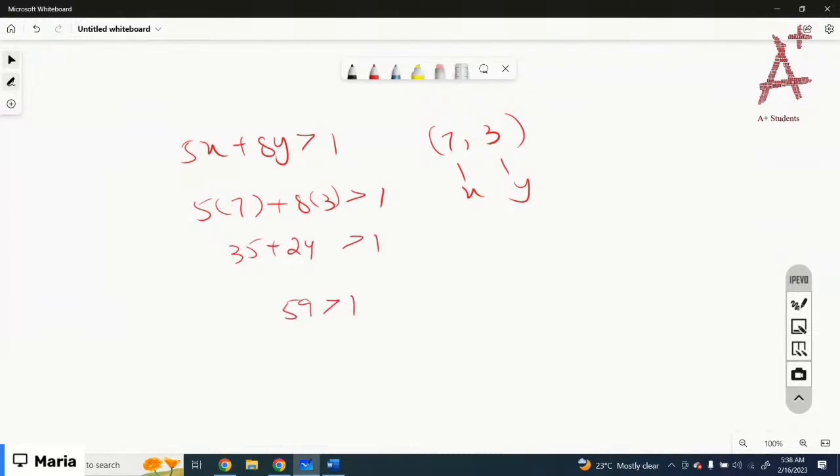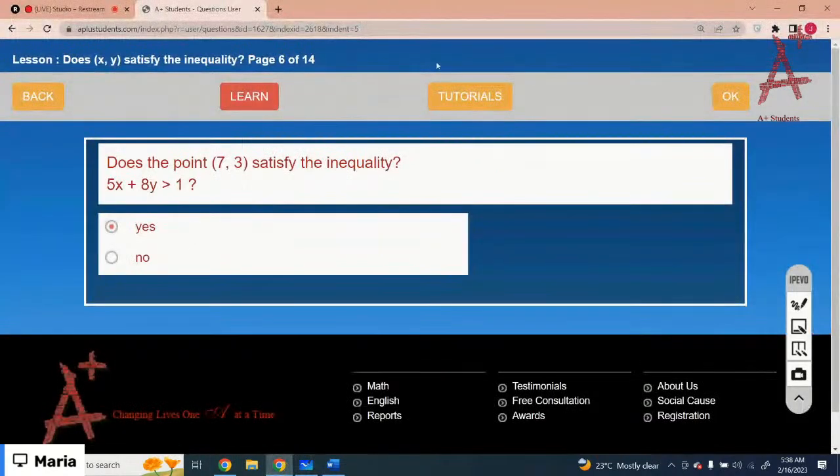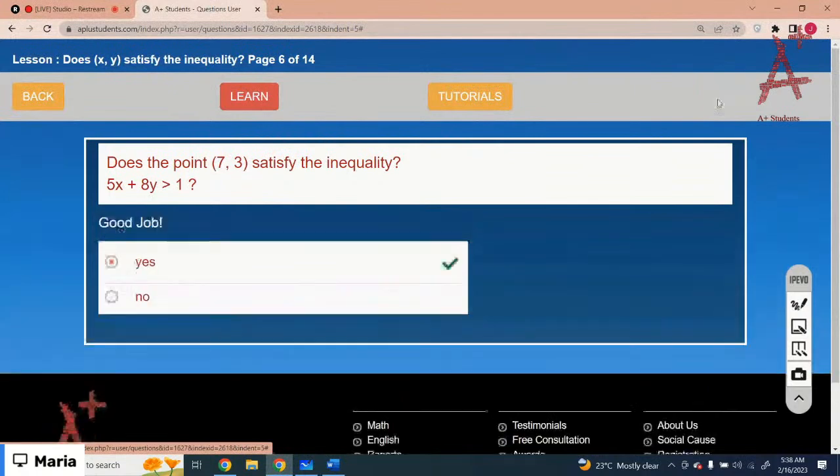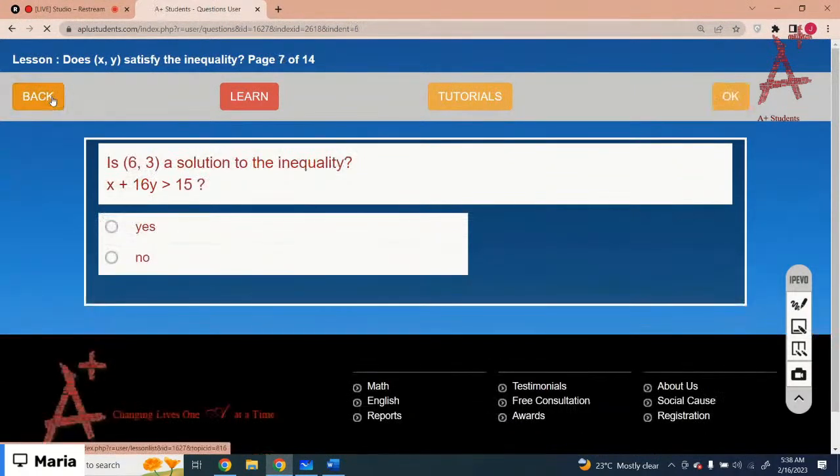Is it true or false? Yes, it is greater. So that point is a solution of the inequality. So the answer is yes. Got it? Okay, you can complete the test by yourself later today.